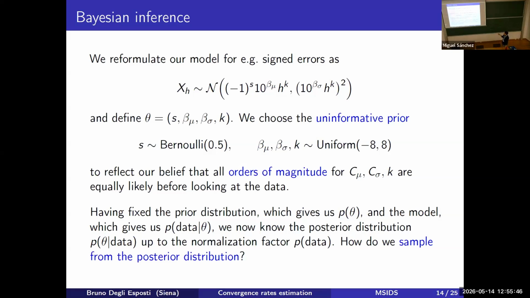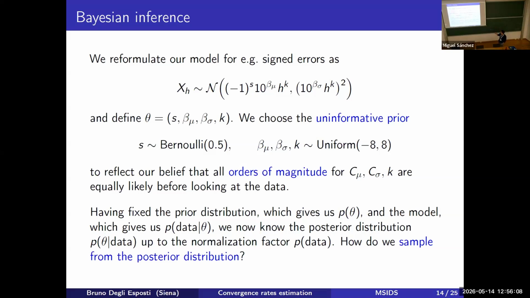Having fixed the prior distribution, which gives us P of theta, so the probability of having some parameters theta, and the model, which is the normal model of the errors I presented earlier, we can compute the probability of observing some data set given a fixed set of parameters.